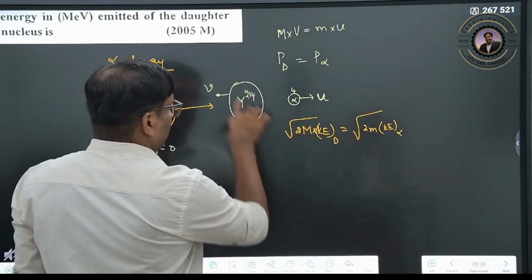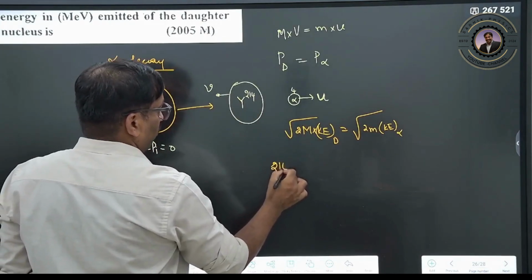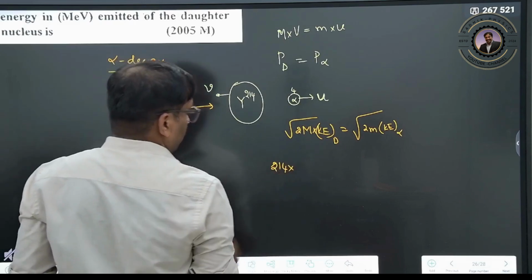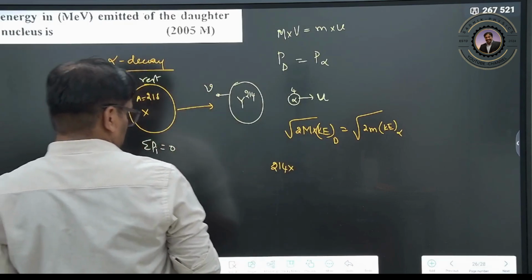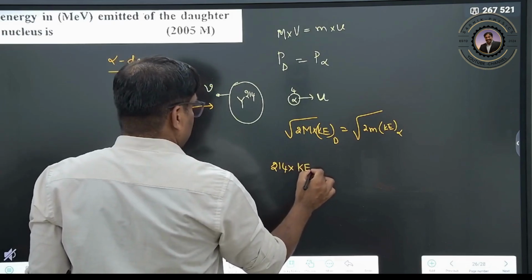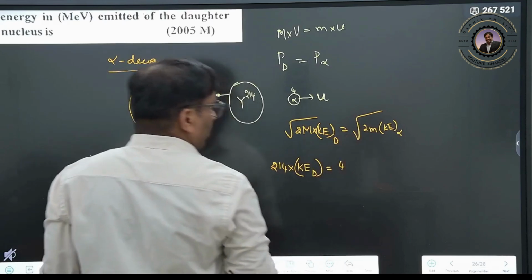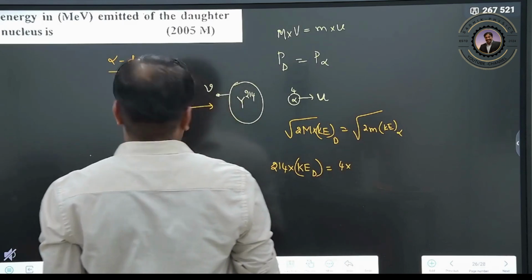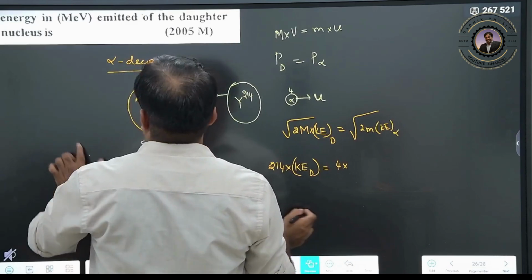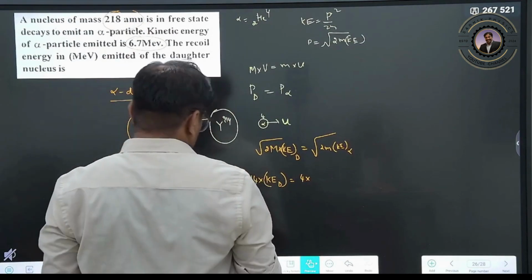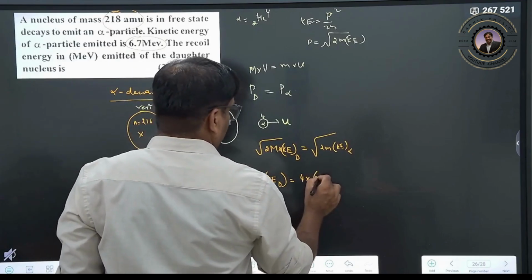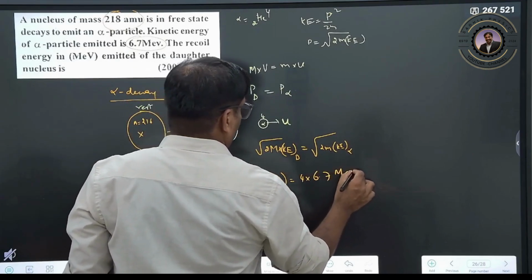The mass of the daughter is 214, into its kinetic energy. We want to calculate the kinetic energy of the daughter nucleus. It will be equal to the mass of the alpha, 4 AMU, into the energy given for the alpha, 6.7 mega electron volt.